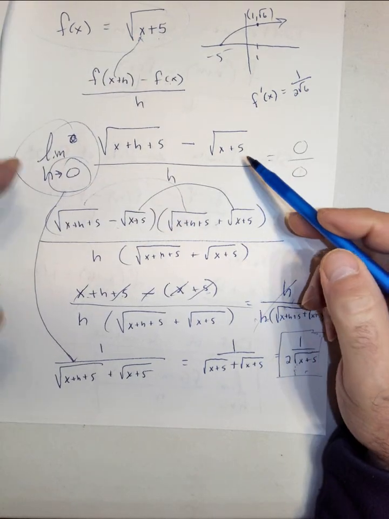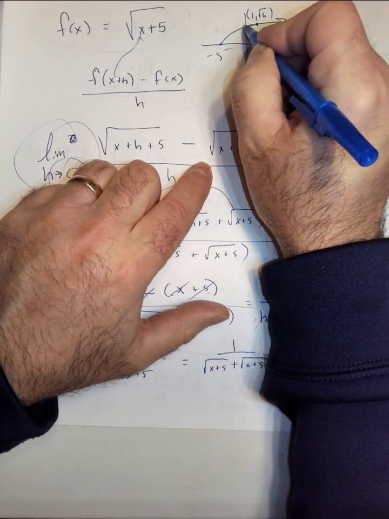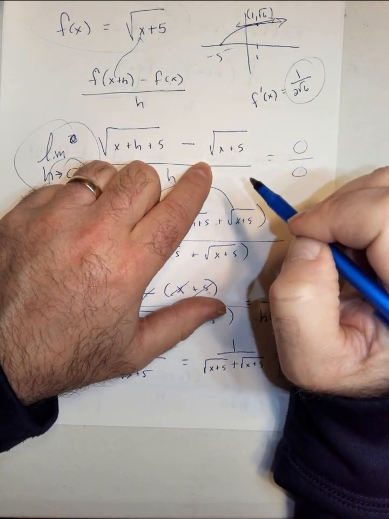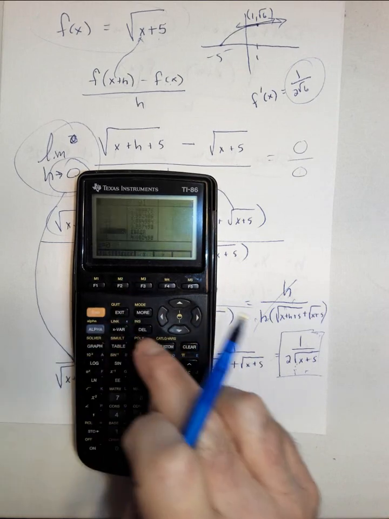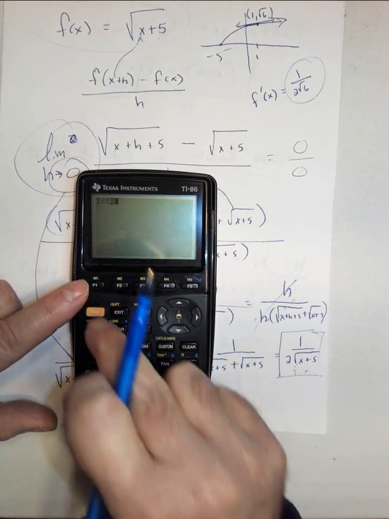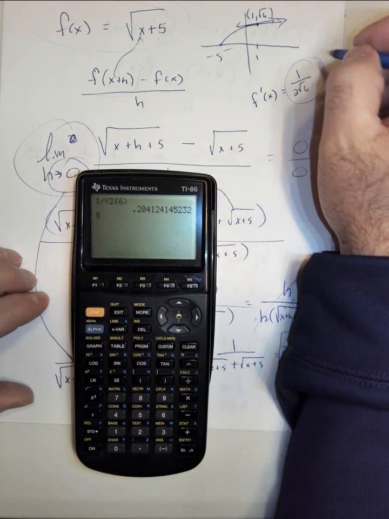Again, this is a slope function, right? This is a function of slopes. So this particular tangent line has a slope of 1 over 2 root 6, which, to give you a feel for that, is about 0.2.